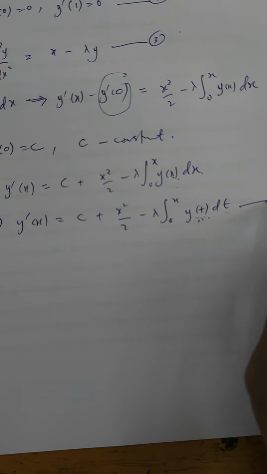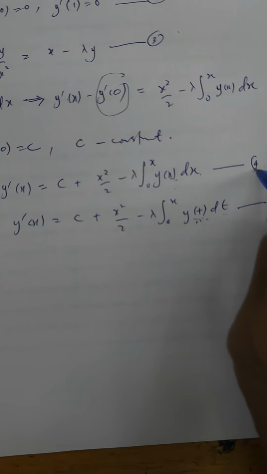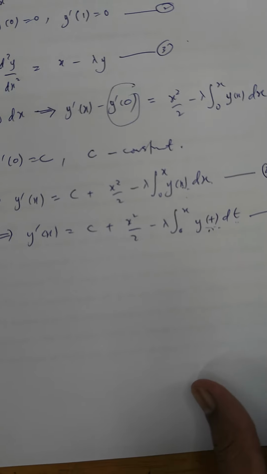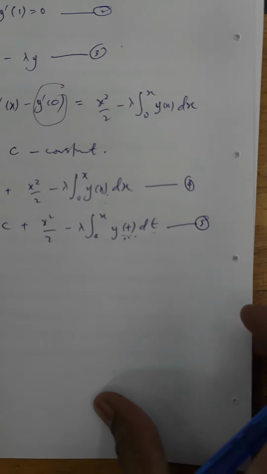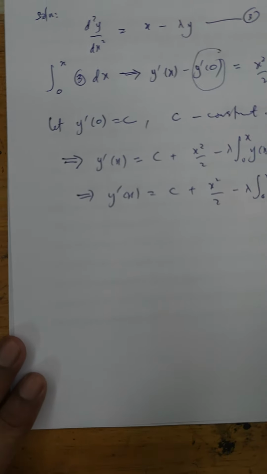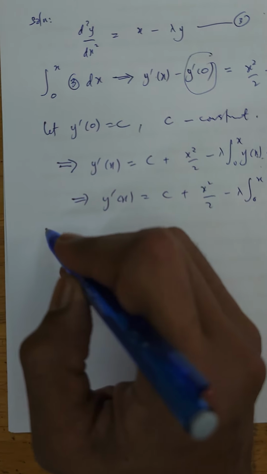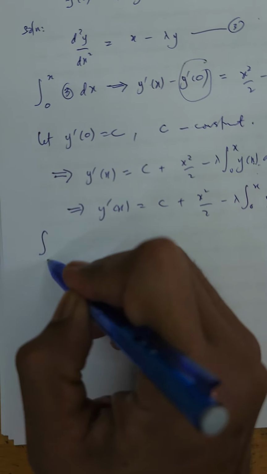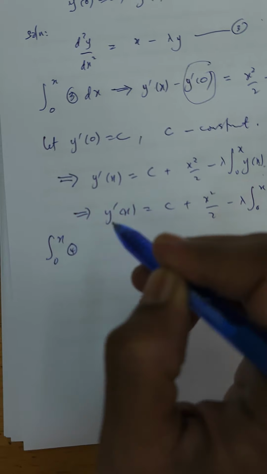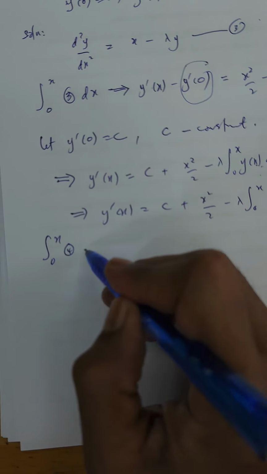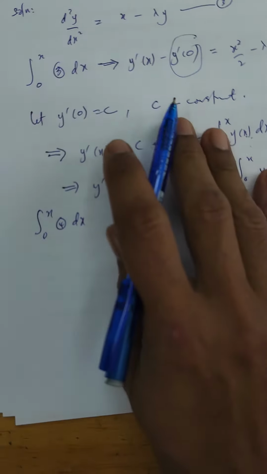Alright, so then we integrate again. So this is 4, this is 5, right? Then we integrate 4 from 0 to x with respect to x.